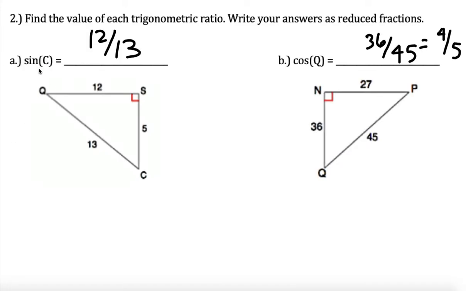Alright, so on this triangle here from angle C, you'd have your opposite and your hypotenuse over here, so our fraction would be 12/13. From angle Q, 27 would be opposite, 36 is adjacent, 45 is hypotenuse. So cosine is adjacent divided by hypotenuse, 36 divided by 45, that would reduce to 4/5.